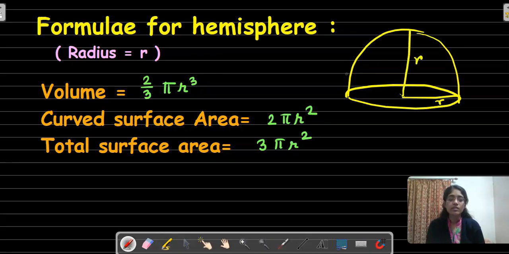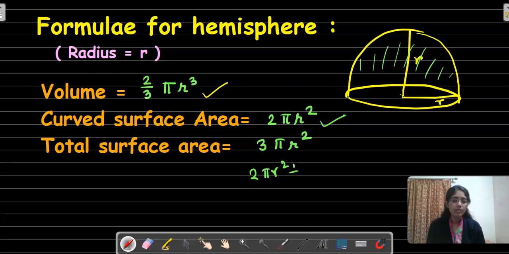Volume is half of the volume of sphere, that is 2/3 pi r cube. Now curved surface area. This is the curved surface area. This is 2 pi r square and total surface area is the curved surface area plus the base area, that is pi r square. Therefore it becomes 3 pi r square.